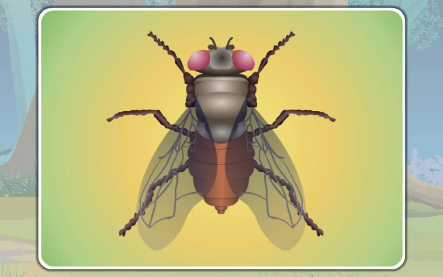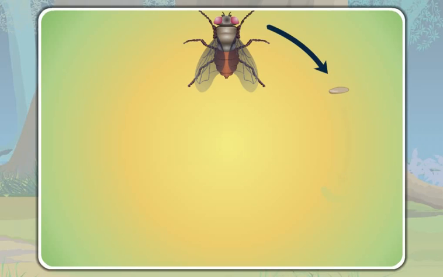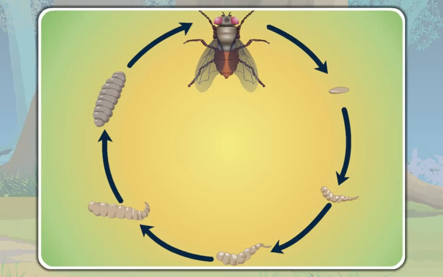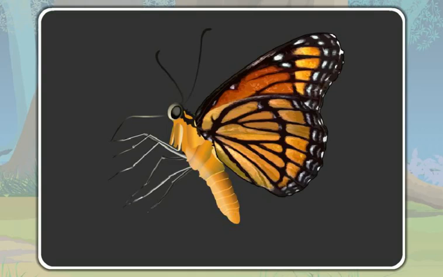This is a housefly. After a housefly lays eggs, the eggs go through several structures before they change into adults. It takes 7 to 9 days for an egg of a housefly to go through several stages to grow into an adult fly. So, we say that a housefly completes its life cycle in about 7 to 9 days. This is a butterfly.